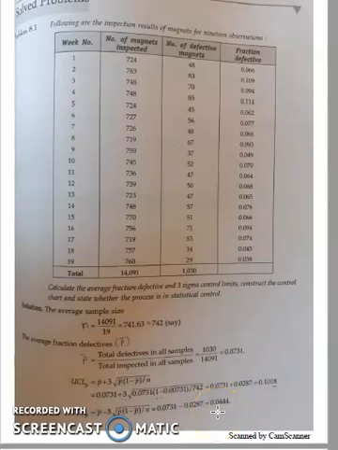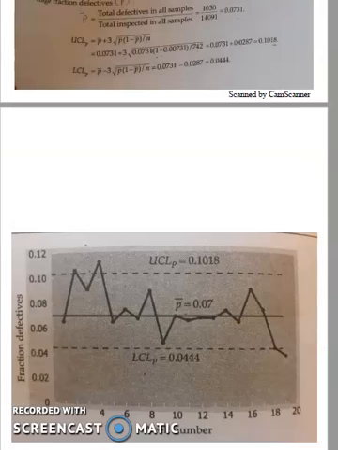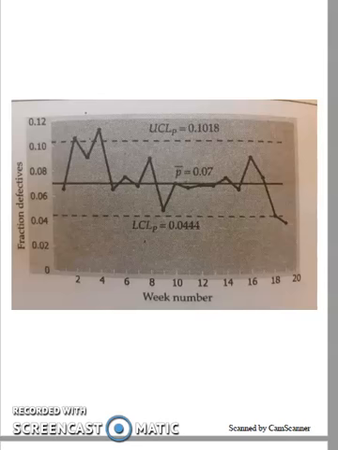Once you have calculated P bar, the upper control limit and the lower control limit of P bar, you should be able to draw the P bar chart. Here is how you start: on the x-axis you write the number of weeks, first week, second week.